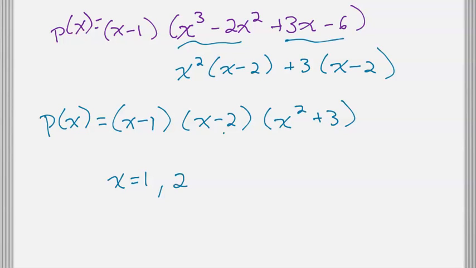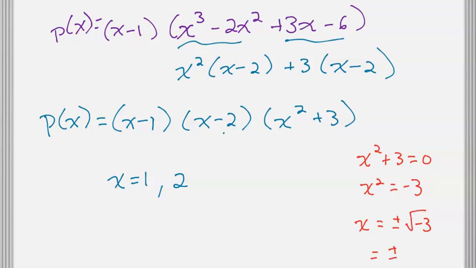When I set the third factor equal to 0, let's do that over here on the side real quick because it's a little more complicated. x squared plus 3 equals 0. Well, x squared equals negative 3. So x is going to equal plus or minus the square root of negative 3, which is pretty gross, but we can make it a little bit better by saying, well, this is an imaginary number.